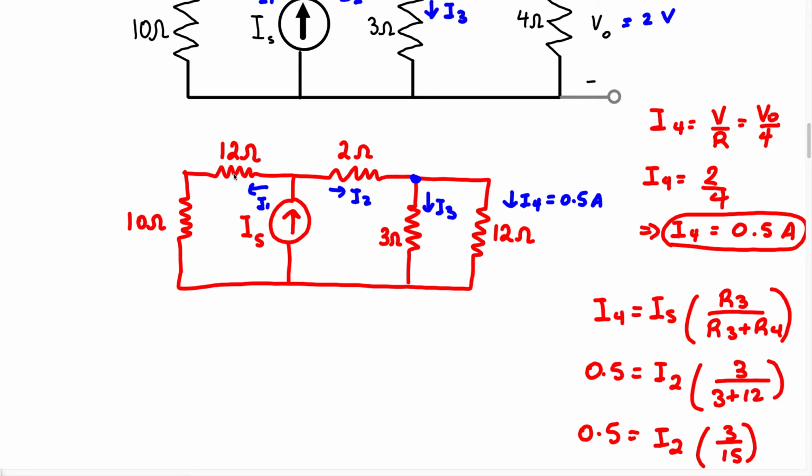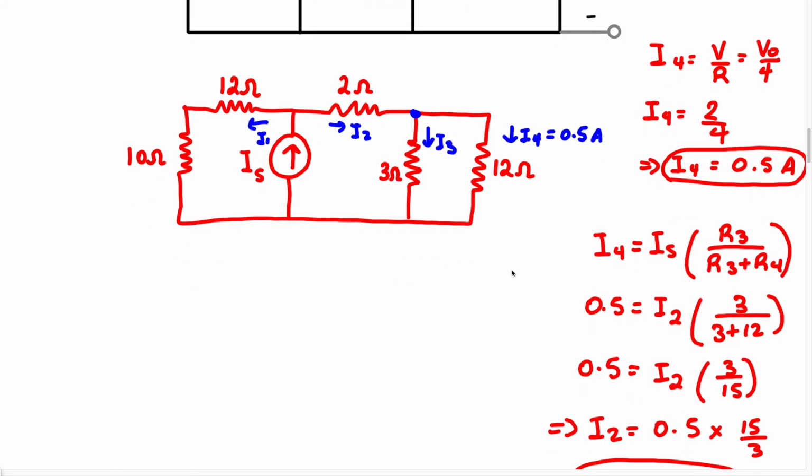I have this 12 ohm resistor and this 10 ohm resistor that are in series. I'm going to combine these two resistors. We have this 3 ohm and 12 ohm resistor that are in parallel. So let's just combine these resistors to simplify the circuit, right? So when I combine these resistors, I'm going to have 10 plus 12 is going to give me 22 ohm.